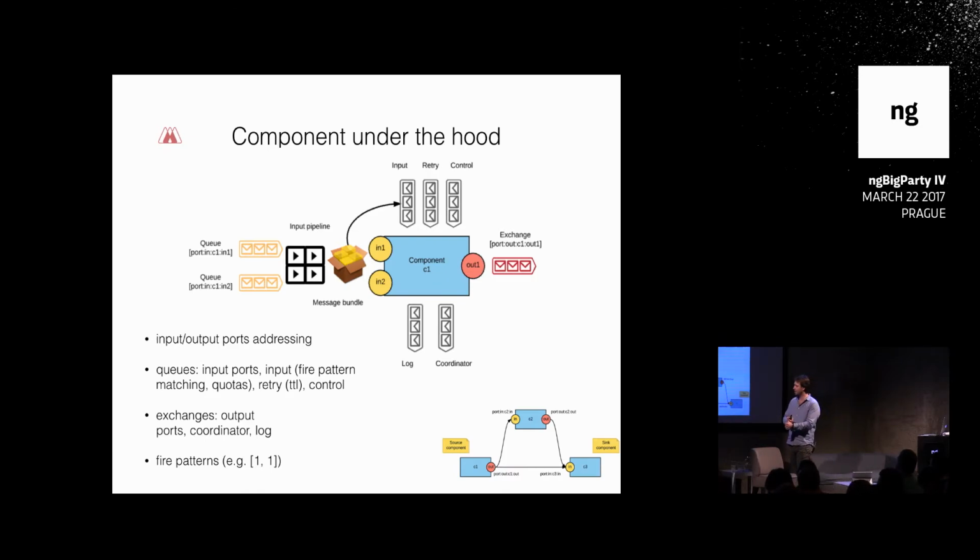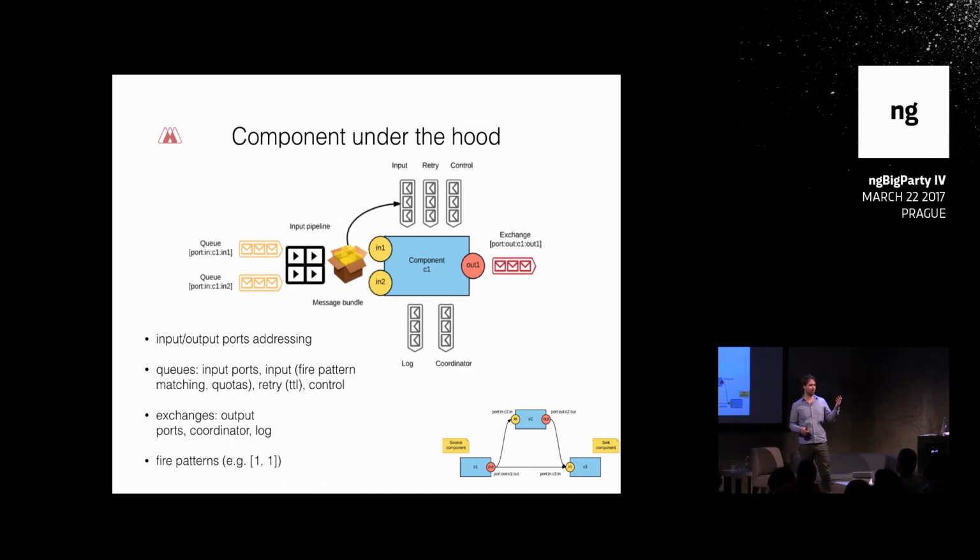Now, fire patterns is a mini language that specifies the requirements for the activation of the component based on the presence of data on the component input ports, right? So, for example, you might have a component sum, right?